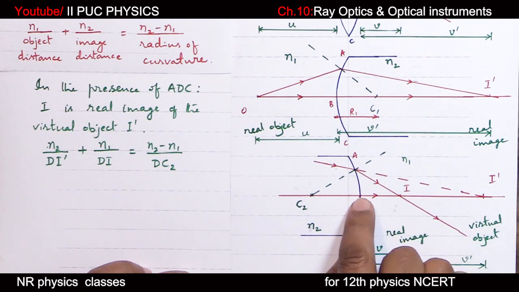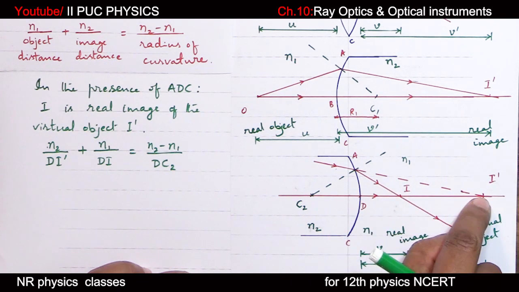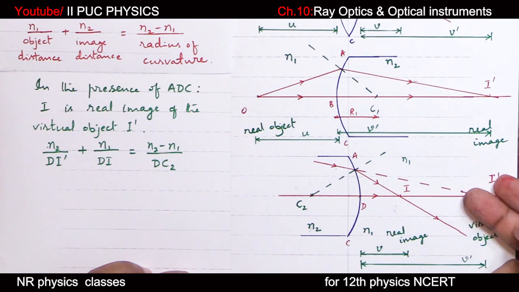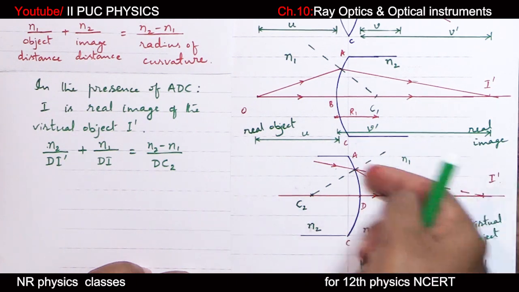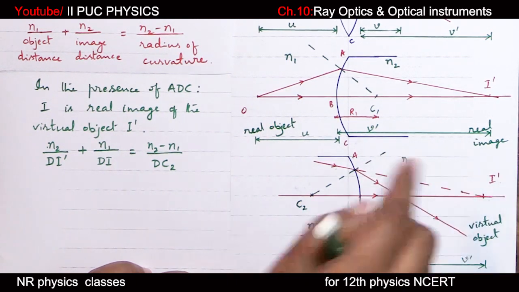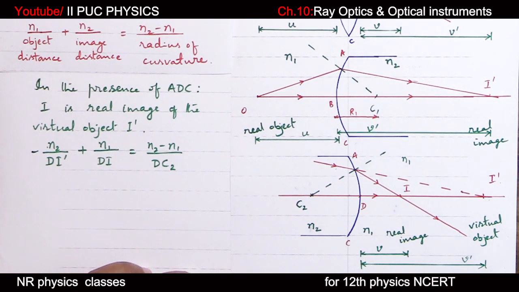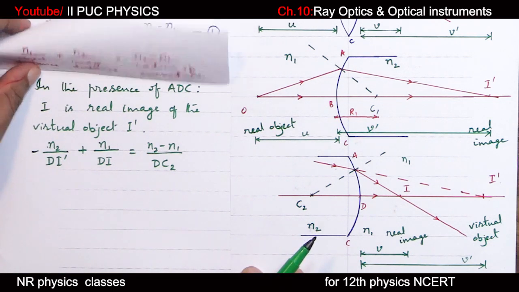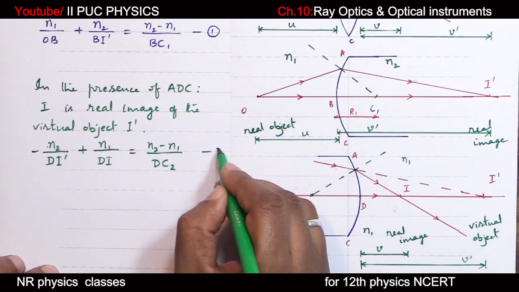All distances are measured from D, from the pole along the principal axis. Distance is measured from D, but the light ray appears to be coming from I dash. These two directions are opposite. That is why we have to write a negative sign here. This is equation 2.